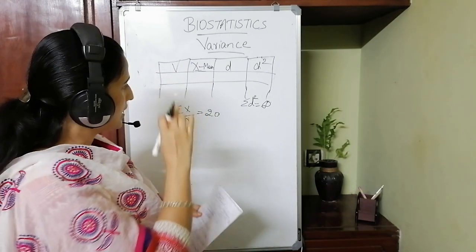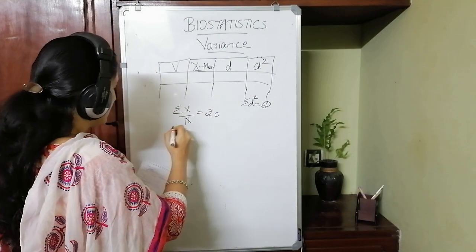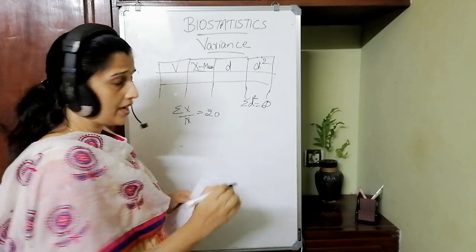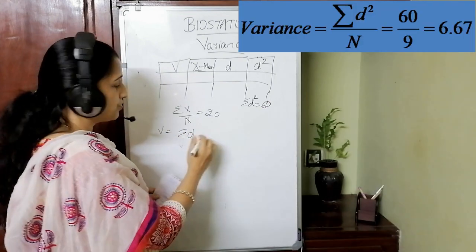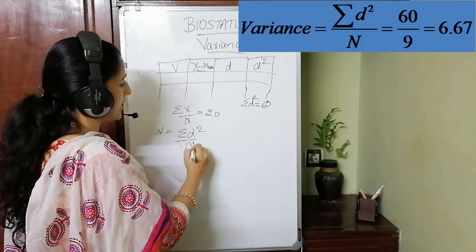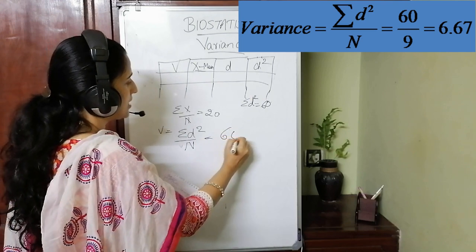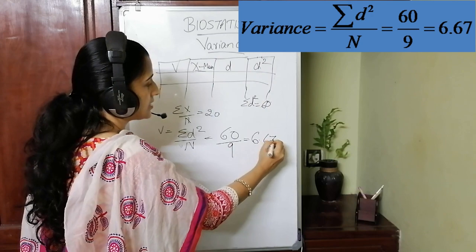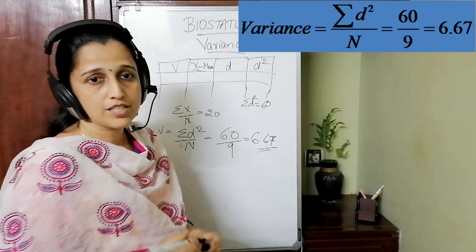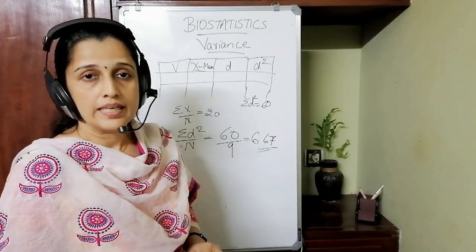The variance is equal to sigma d square by n, that is 60 divided by 9, which comes to 6.67. That is the variance for the question shown here.